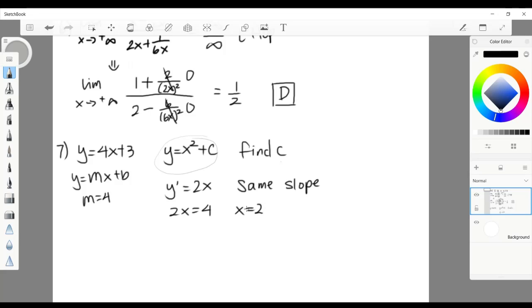Since we need to find c, and they're tangent, then they must equal each other. So we set 4x plus 3 equals x squared plus c. We plug x equals 2 in, we get 8 plus 3, which is 11, equals 4 plus c. 11 is equal to 4 plus c. C therefore equals 7. And that is C.